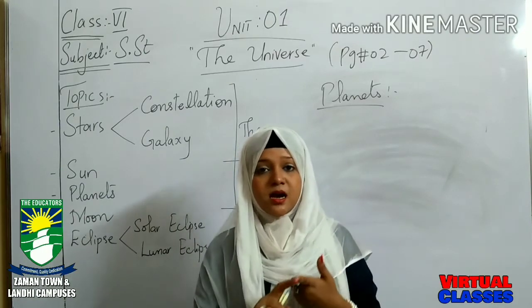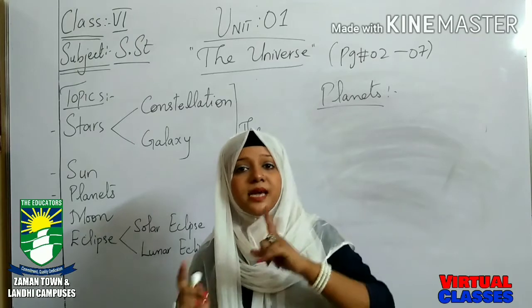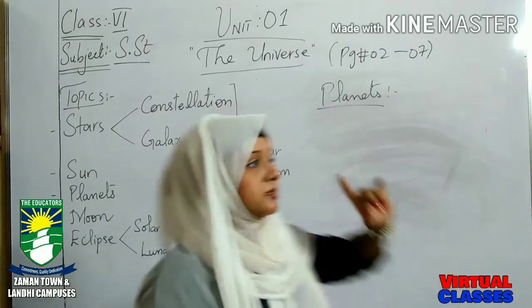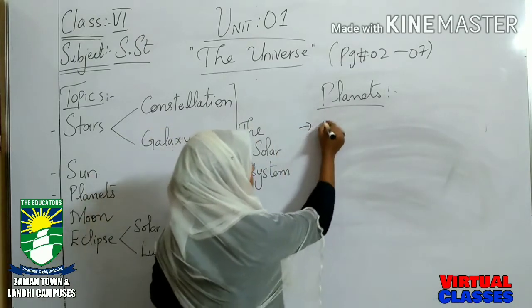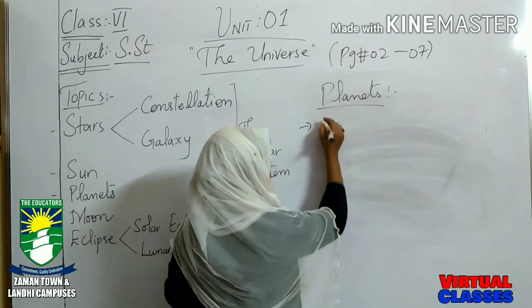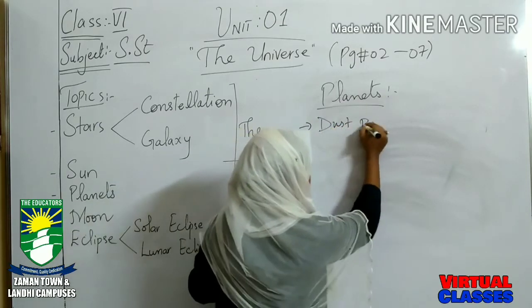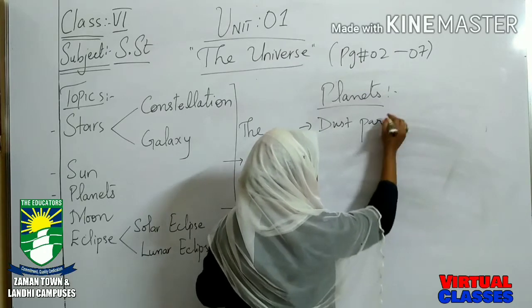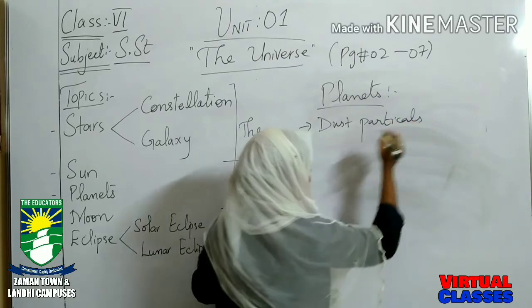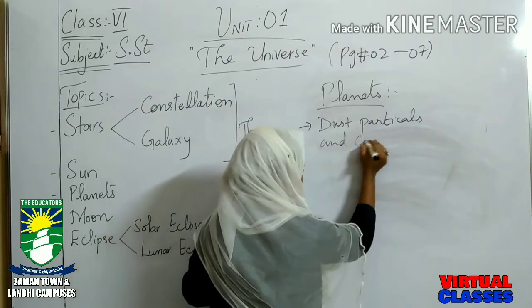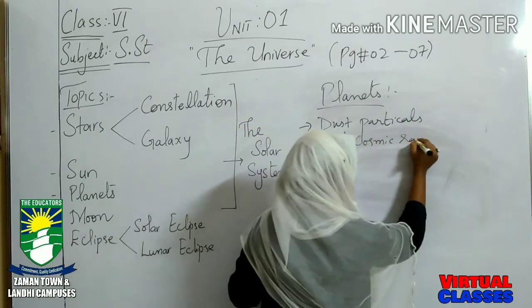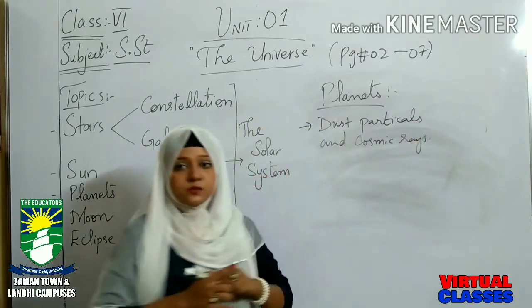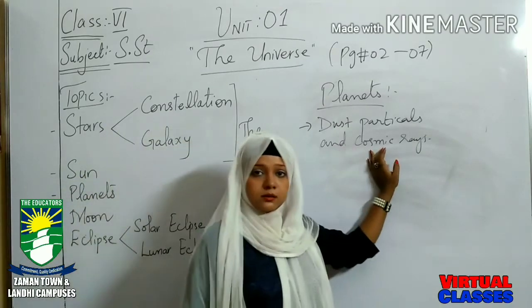It means that stars and suns are formed from the gases of the nebula, and planets are formed from dust particles and cosmic rays of the nebula.